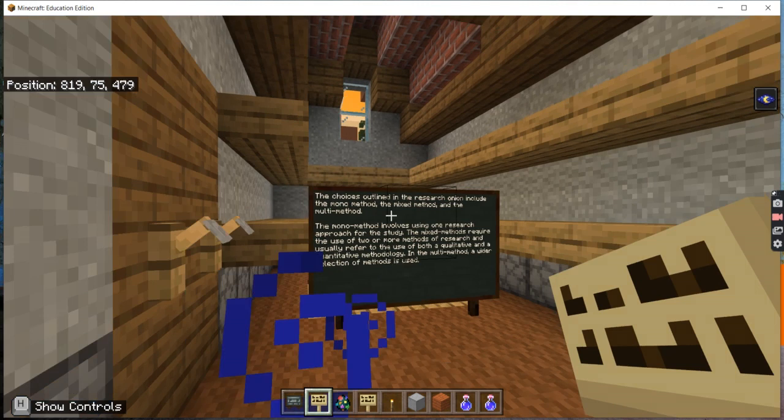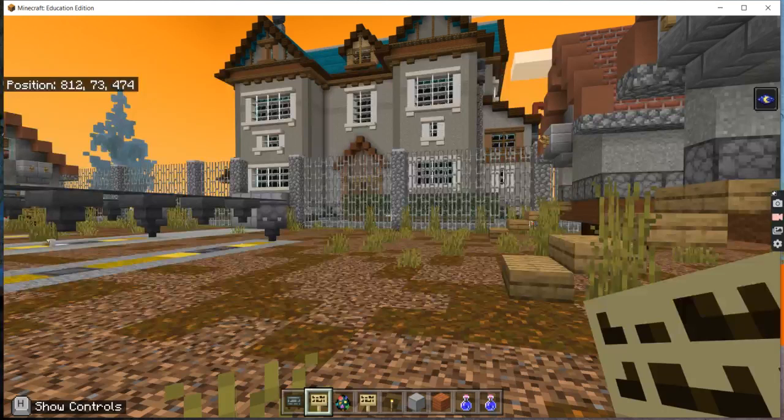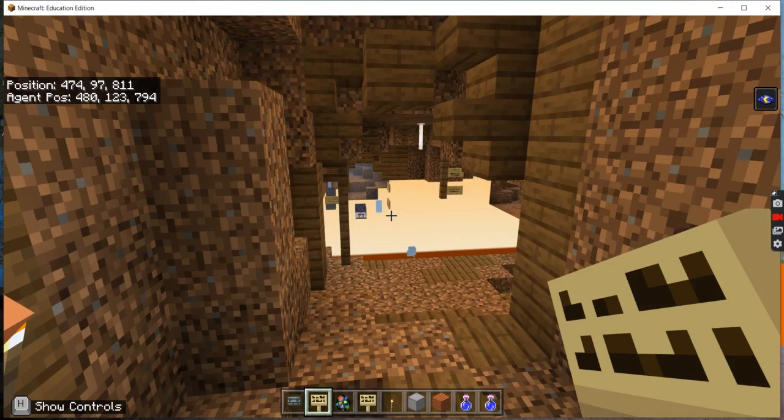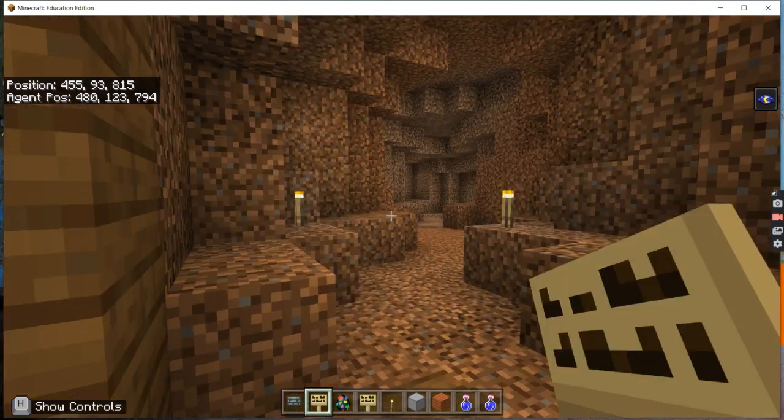Okay, with that being completed, let's find the teleporter. We are back on looking for layer 5.